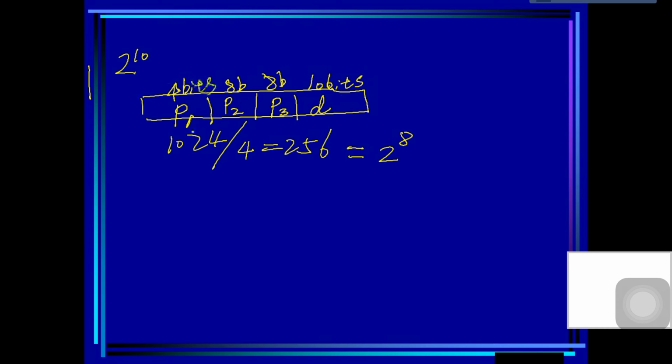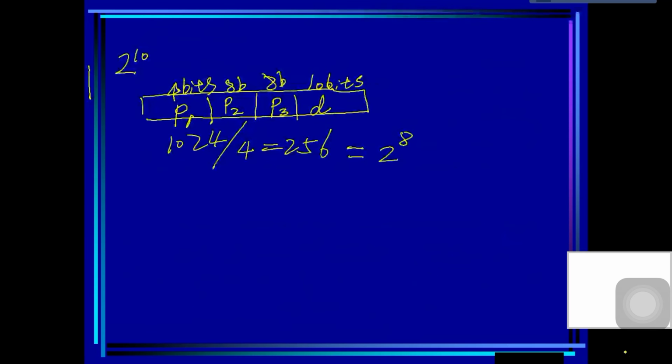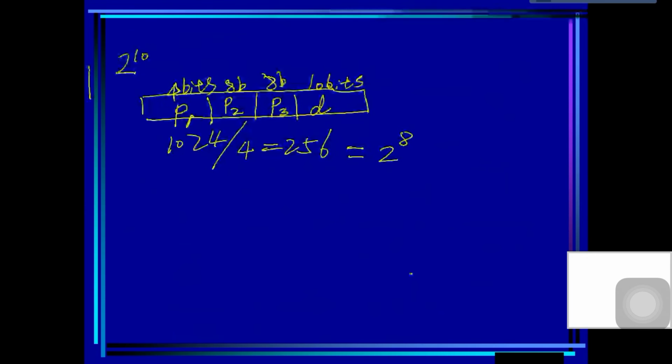So there are 3 levels for this example, okay? How many levels in the page table? 3 levels. And for one address mapping, how many parts is the logical address broken into? We say it is 4 parts. The 32-bit logical address is broken into 4 parts.